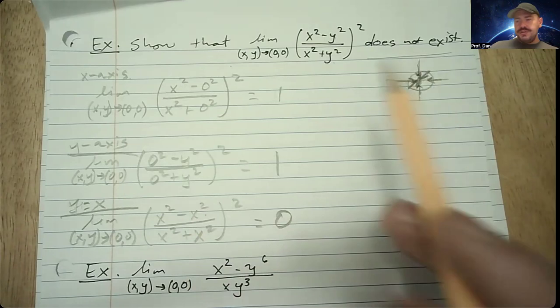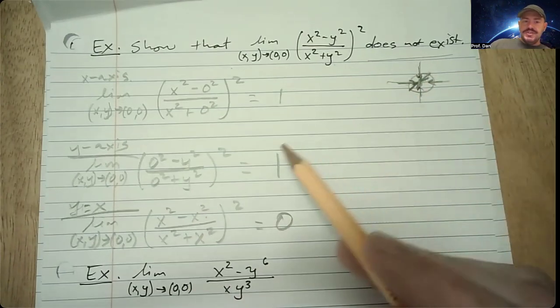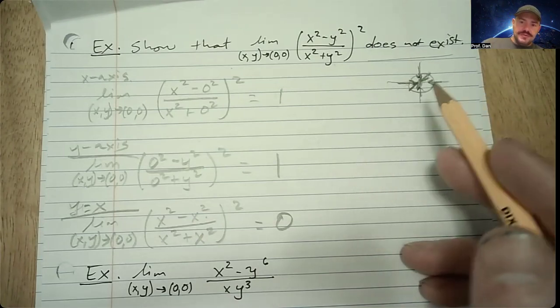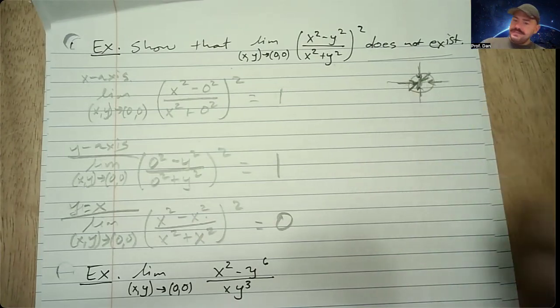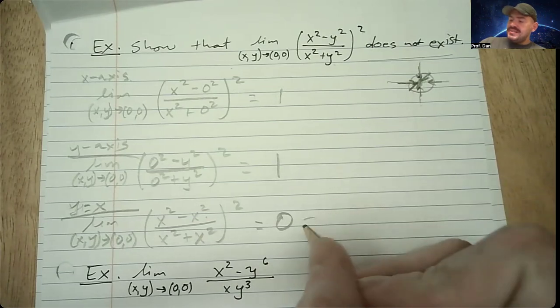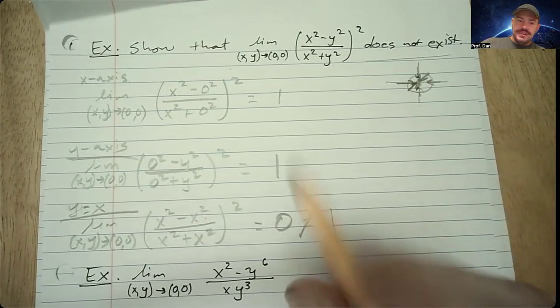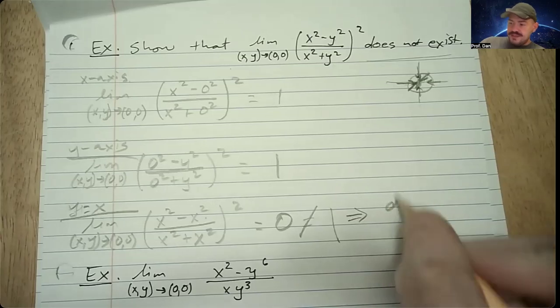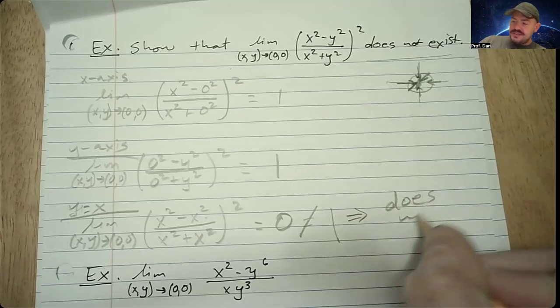See, the way that we show that the limit does not exist is by showing that we get different values if we approach from different directions. So because this does not line up with the other limits that we got, that tells me that the limit does not exist.